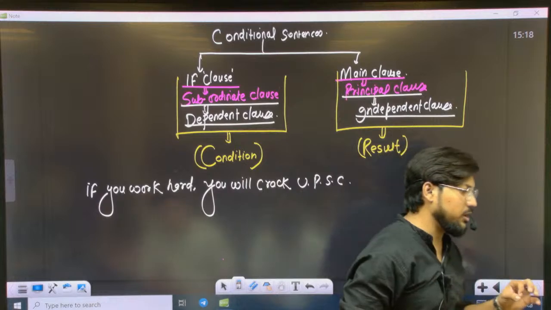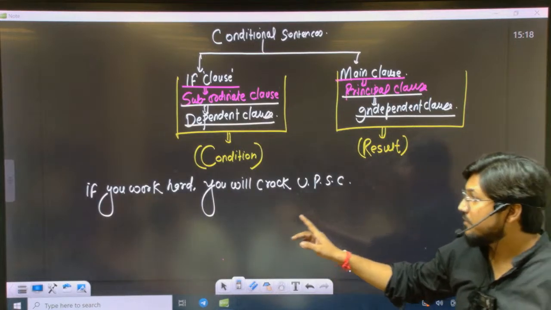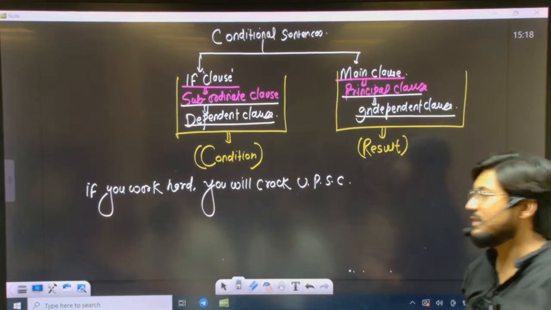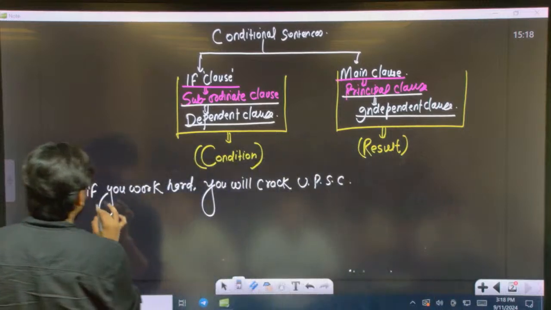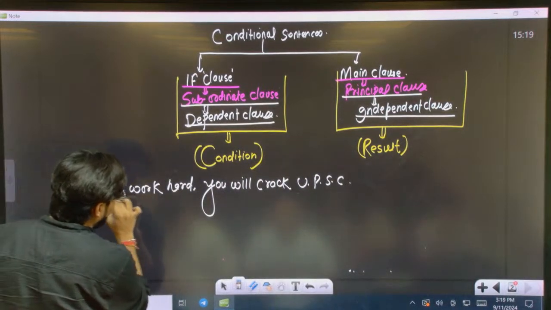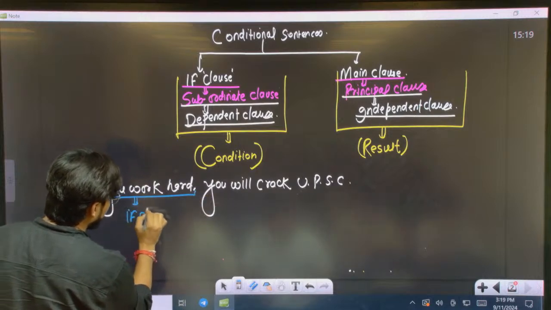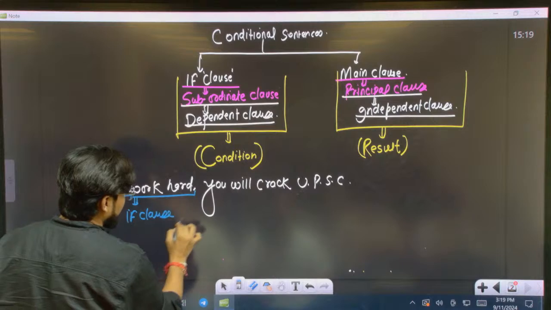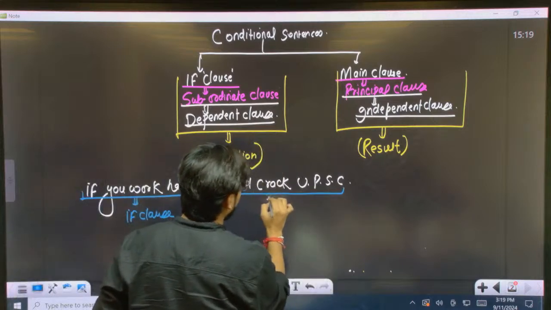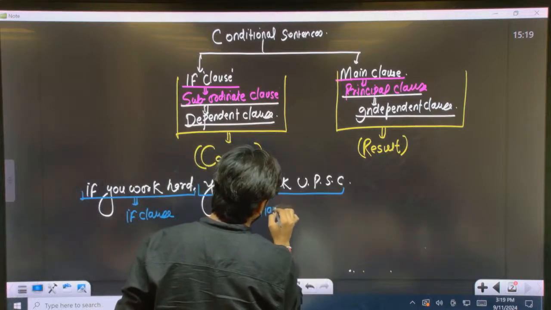Now come to this point of view. In this sentence, the part starting from if up to the comma is known as the if clause. And the remaining sentence will be your main clause.